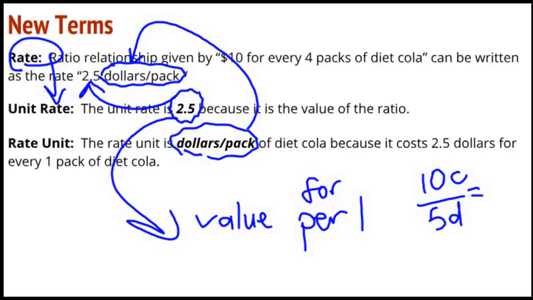I need to get it all the way down to 1 dog. So I need to scale that down to being a 1. So I divide by 5, and I find that I have 2 cats per 1 dog, or 2 cats for 1 dog. This is now a unit rate because I am down to a single unit. I'm down to 1 of something.